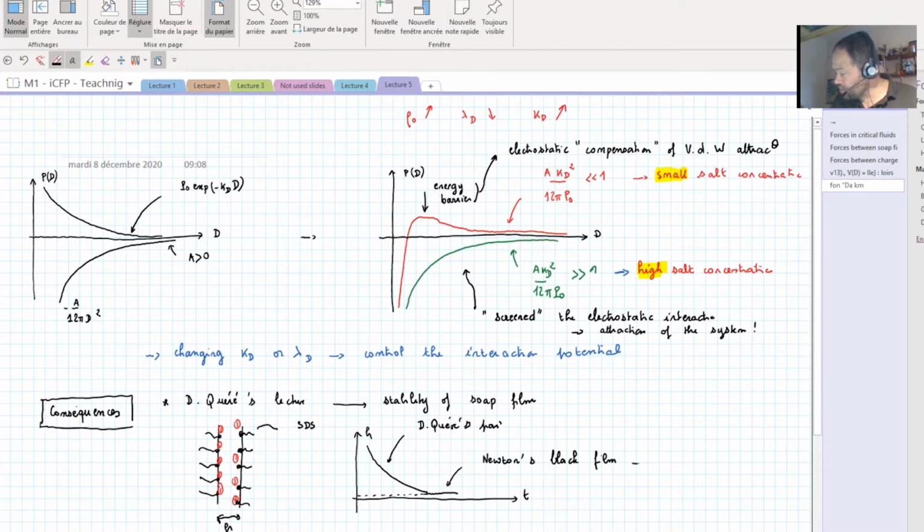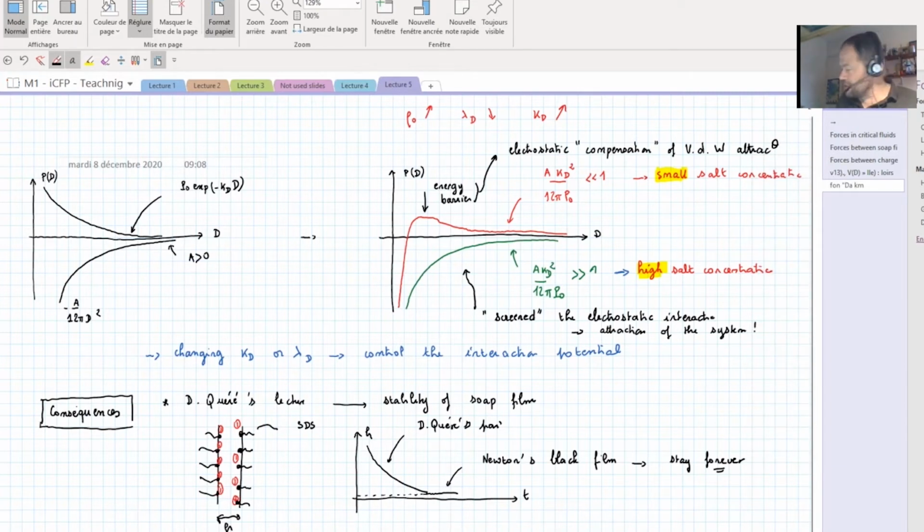So, these Newton black films can stay forever as long as there are no vibrations or anything. You have people who have kept some Newton's black films for days or even months.